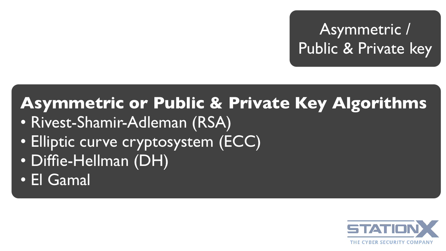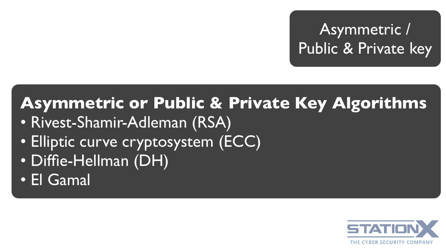The security of the algorithm comes from the difficulty of factoring large numbers into their original prime numbers. Another common and increasingly popular algorithm is the elliptical curve crypto system, or ECC. Security of this algorithm comes from computing discrete logarithms of elliptic curves. There's Diffie-Hellman, and the security of this comes from the algorithm calculating discrete logarithms in a finite field.